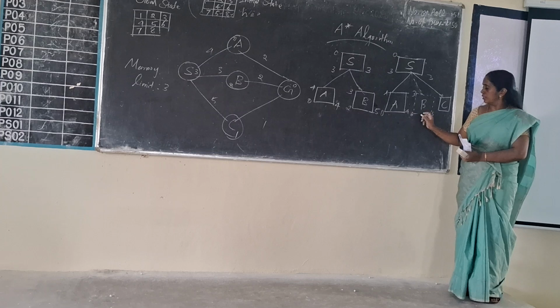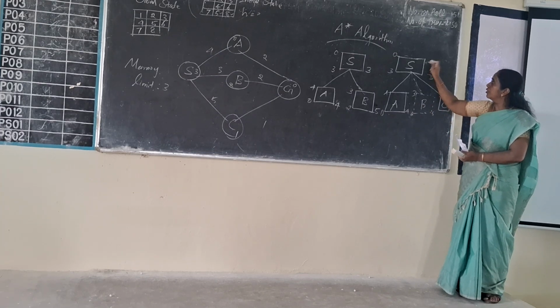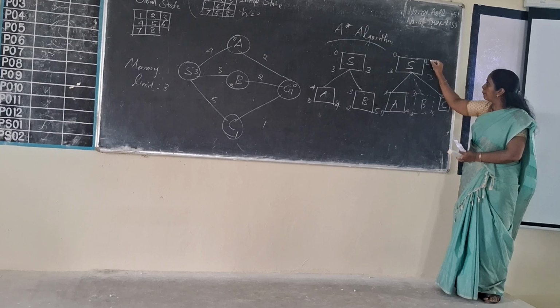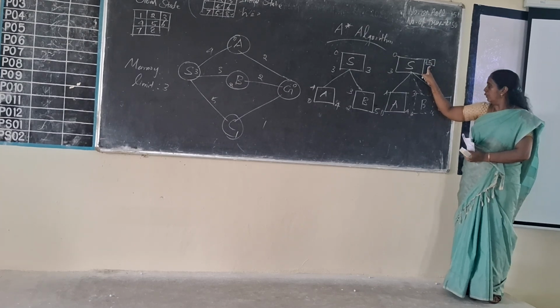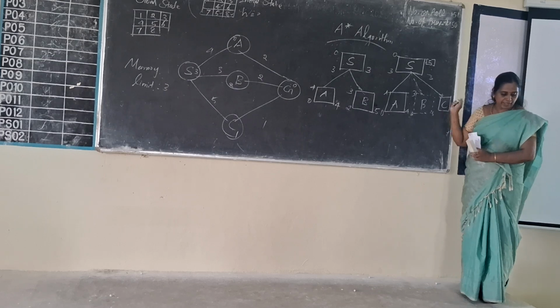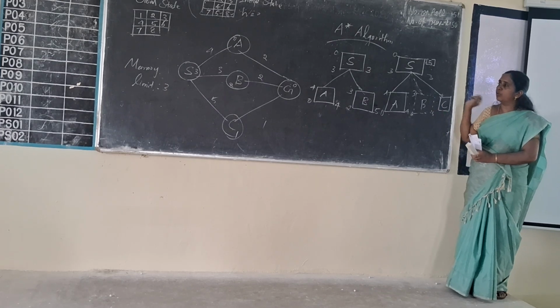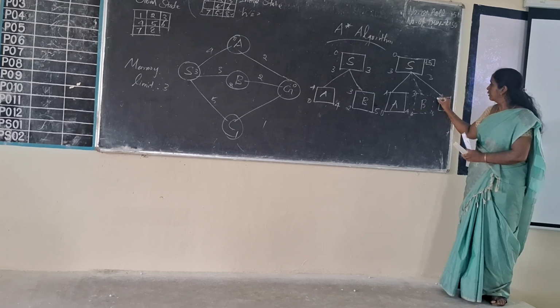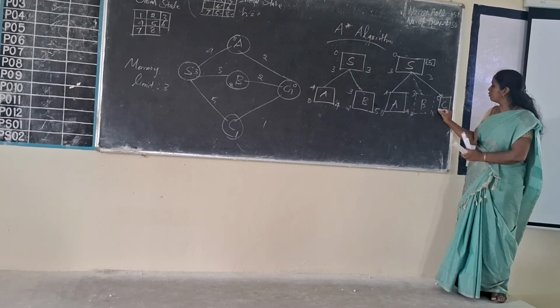Here, this is the forgotten node. The forgotten node f value is updated in the parent. And for node C also, you have to calculate the g value. G value for node C is 5. Then the h value for node C is 1.